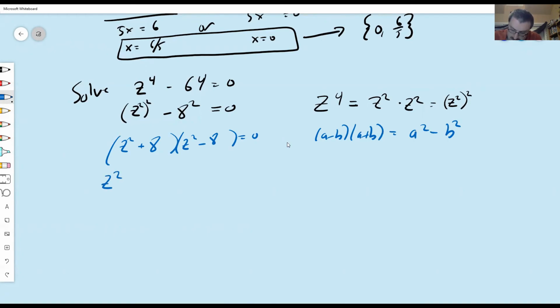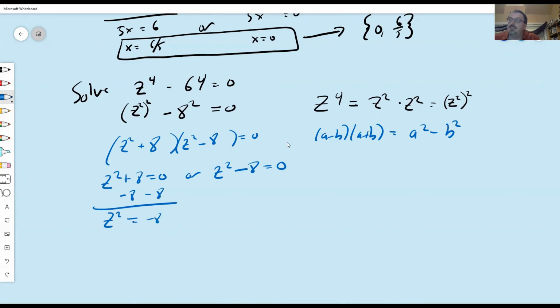So z squared plus 8 equals 0, or z squared minus 8 equals 0. Solving for z squared, z squared equals minus 8.